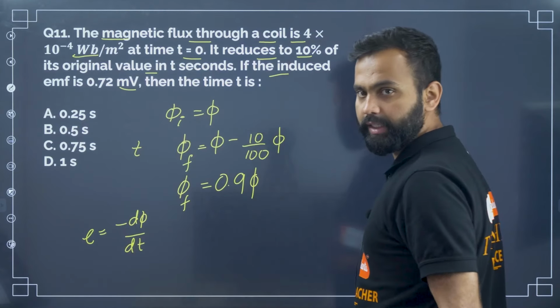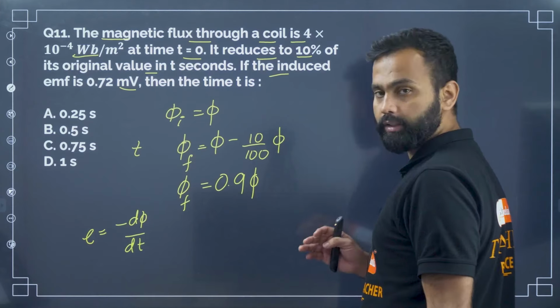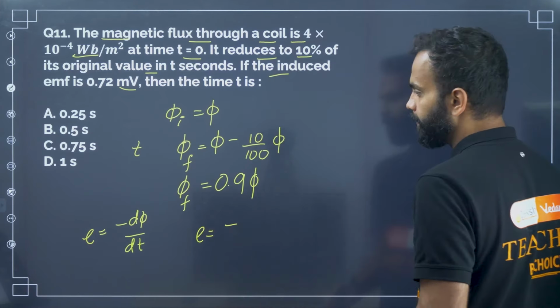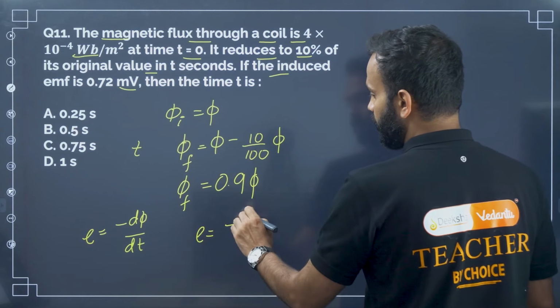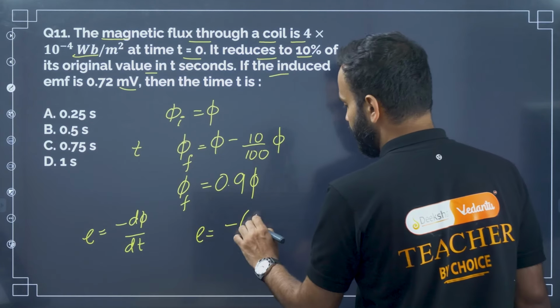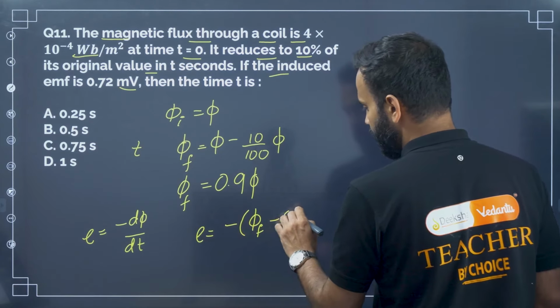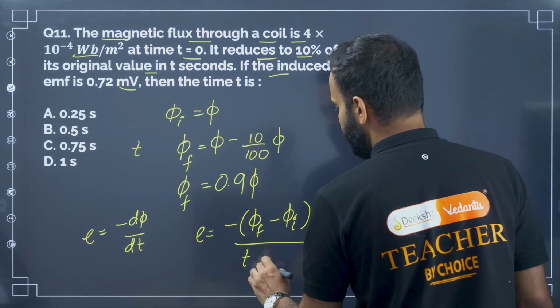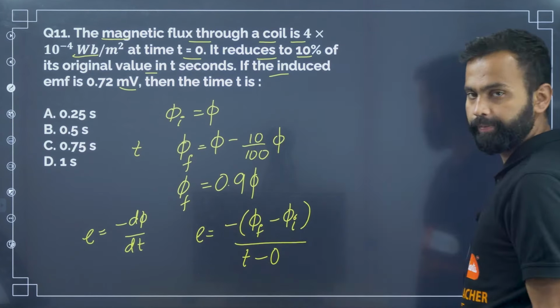Here minus d phi by dt is the rate of change of magnetic flux, or change in magnetic flux over change in time. So now E is equal to minus d phi, the change in magnetic flux, that is final magnetic flux minus initial magnetic flux, divided by time t, final time t minus initial time 0.